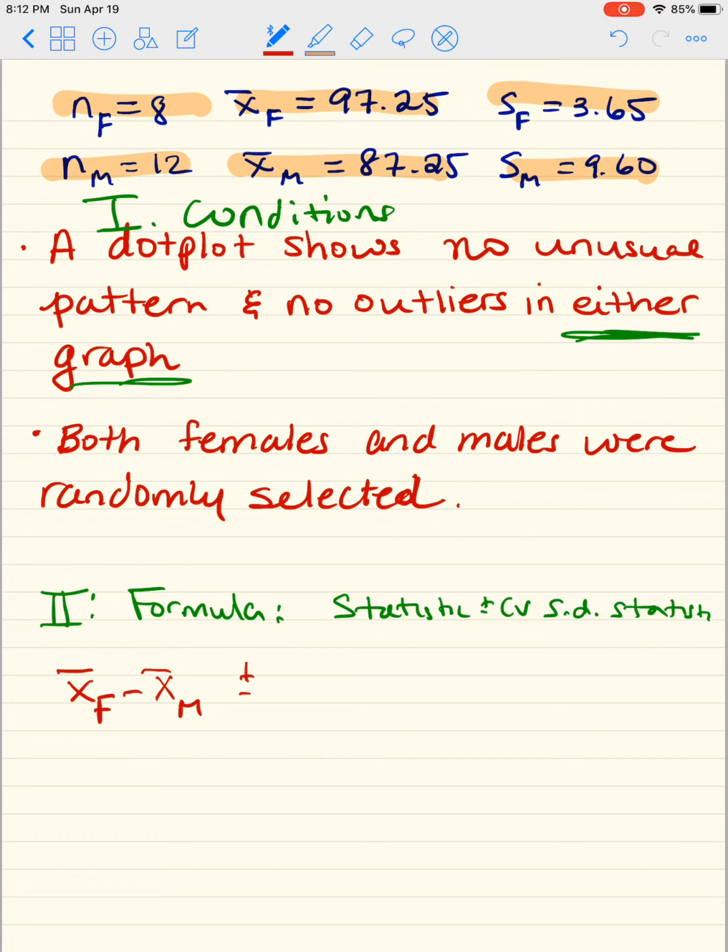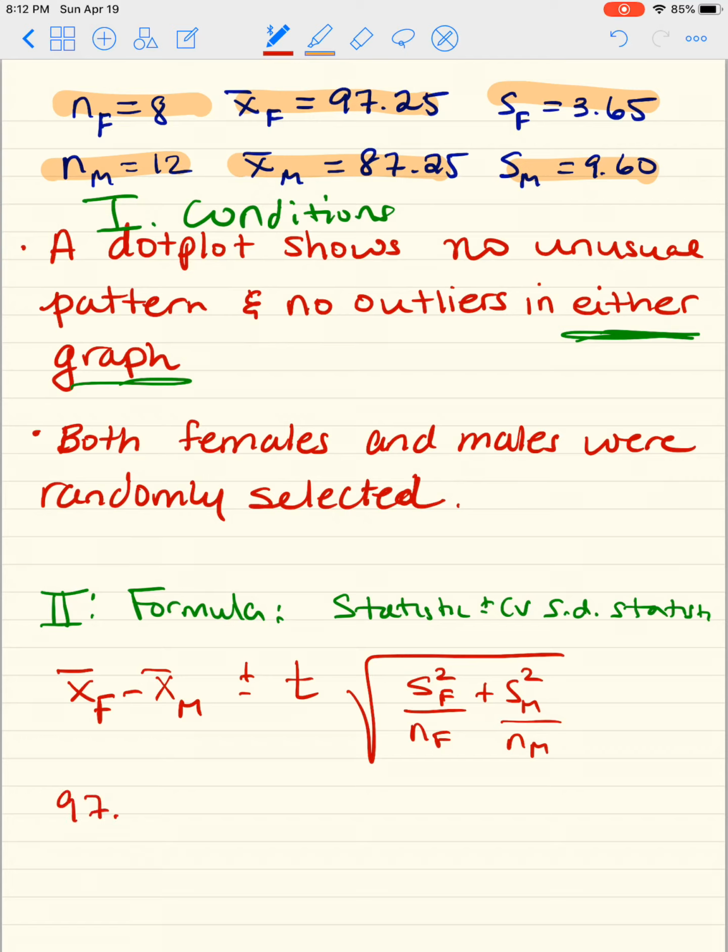Plus or minus critical value, so it's going to be a t, and then times the square root of s squared female over n of female plus s squared of male over n of male. And we're just going to plug these numbers in, okay?